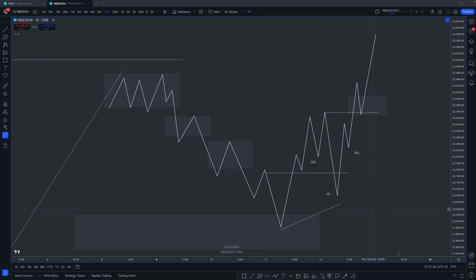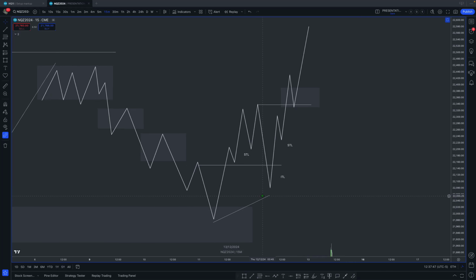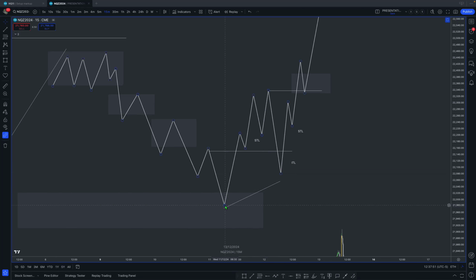Is the ITL what always forms the SMT, or can it be that initial delivery down into there? It can be there. I'll show you some examples, because I was actually looking at this this week, and it's quite interesting how they'll be timed differently.